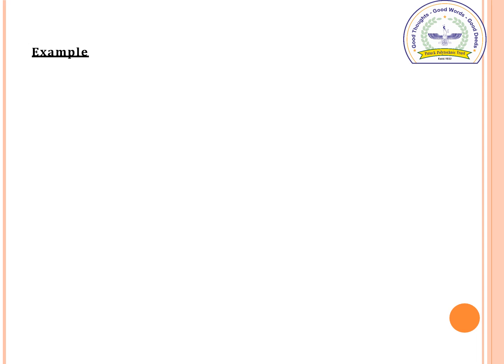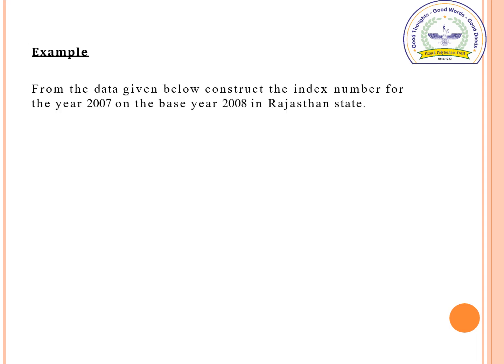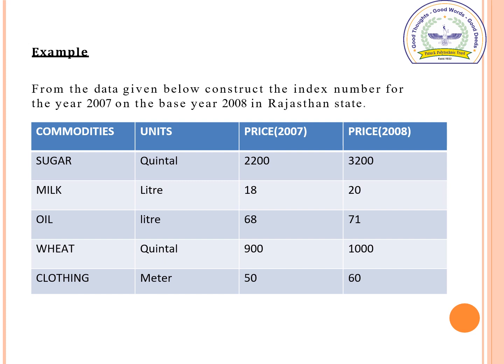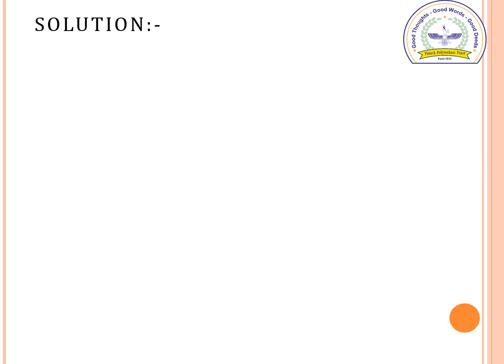Let's see one example. From the data given below, construct the index number for the year 2008 on the base year 2007 in Rajasthan state. Here we are given commodities, units, price in 2007 and price in 2008. Let's see the solution of this question.